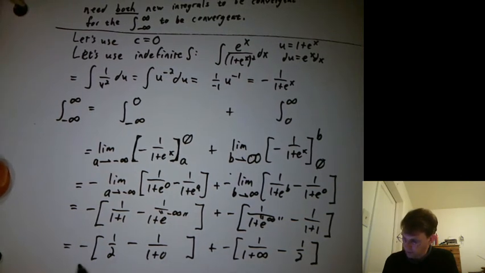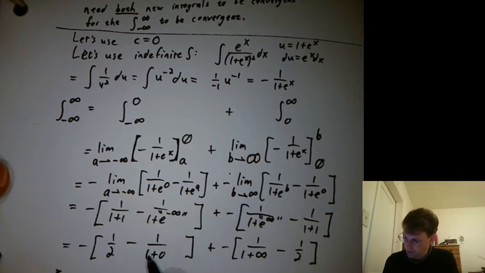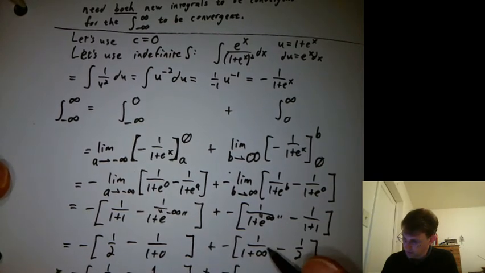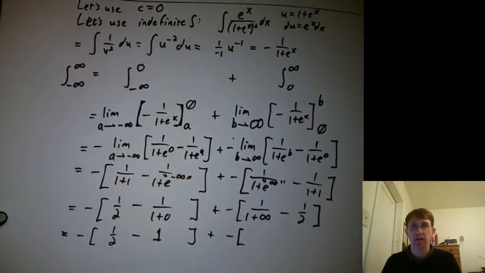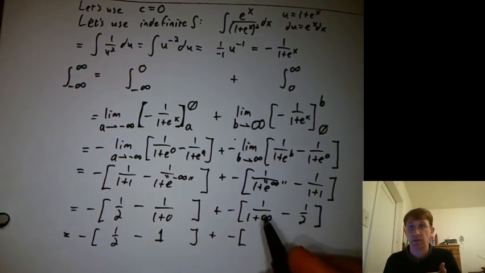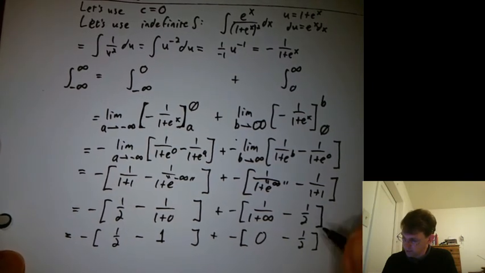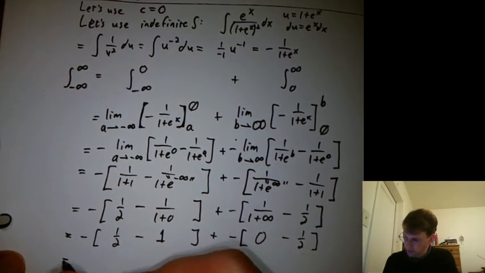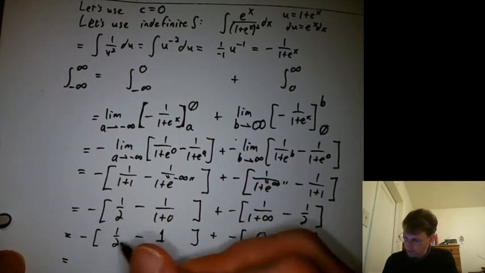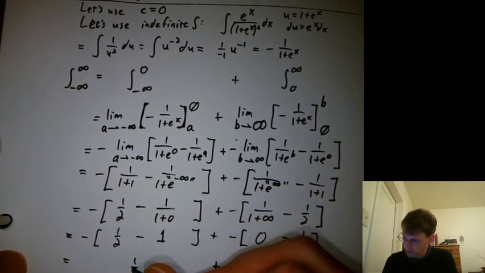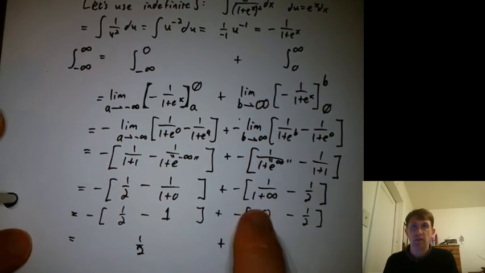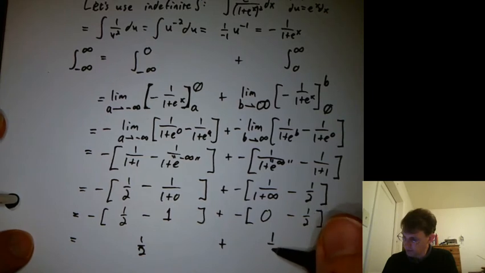And then this is a 1, so 1 half minus 1. And what's 1 over infinity? Adding 1 to infinity doesn't really do much. 1 over infinity is basically 0. So overall, we're getting minus 1 half with a minus here, and minus a half, so it's a half.